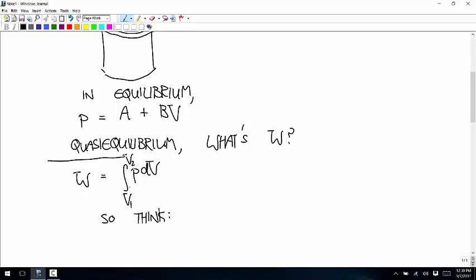In order to do that integration, if pressure is constant, then you can do it right away. But normally, you're going to have to find pressure as a function of volume.